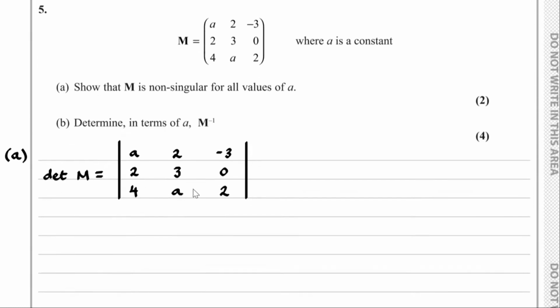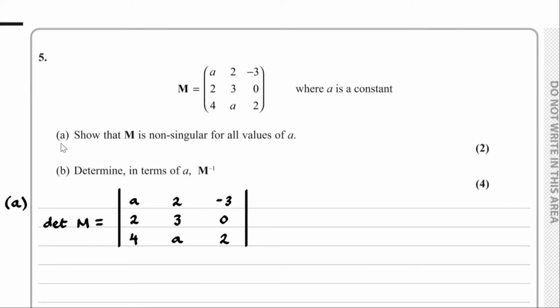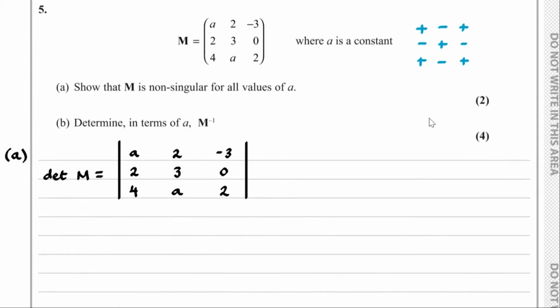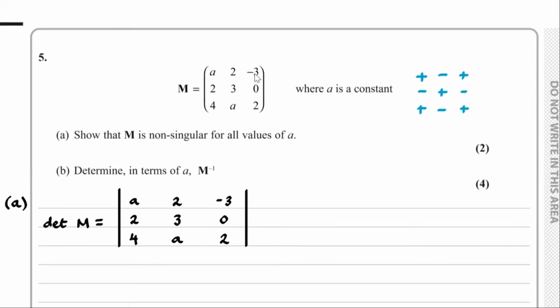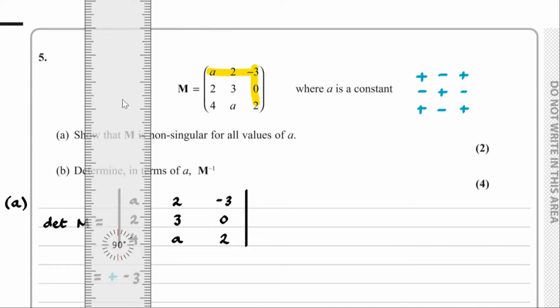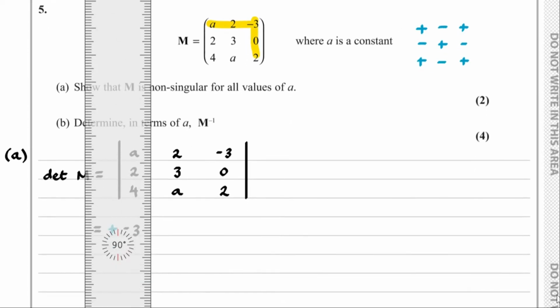We need to consider the table of signs here, and if we expand along the third column, then what we have is positive, negative 3, and then if I expand along this third column, I cover up this row and then take the determinant of what's left over.